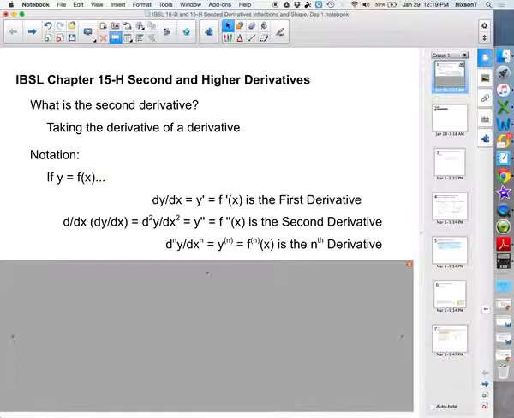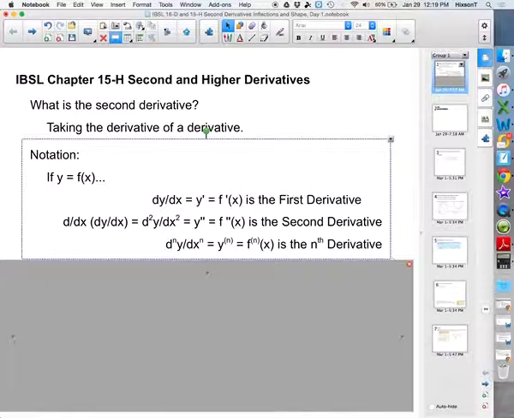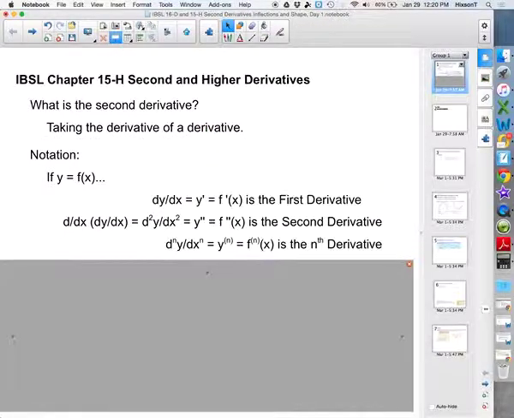But if you see another little number, that just means you need to take the third derivative, or fourth derivative, or whatever that is. Do be careful here, put it in parentheses. If you had y and you were doing the fourth derivative, put the 4 in parentheses so we know it's not y to the 4th power. But other than that, it's all notation for the derivative.